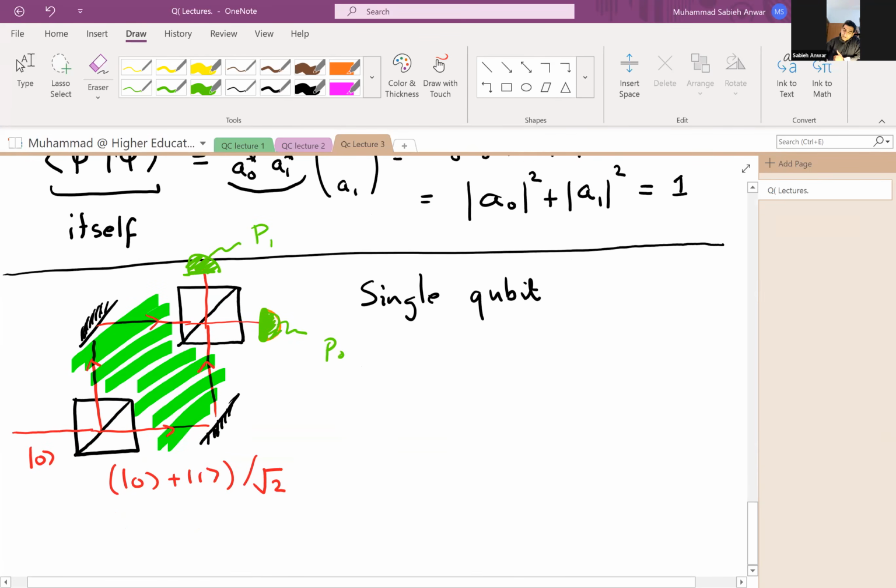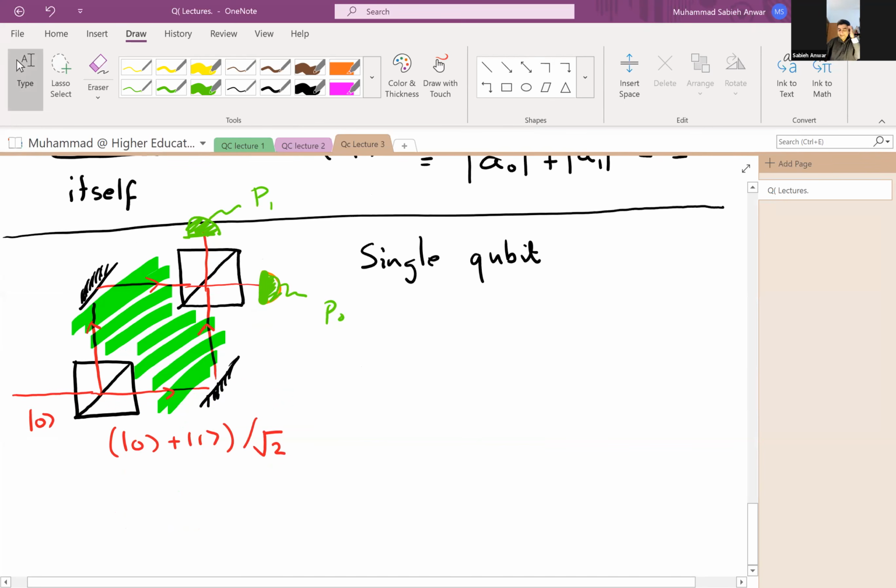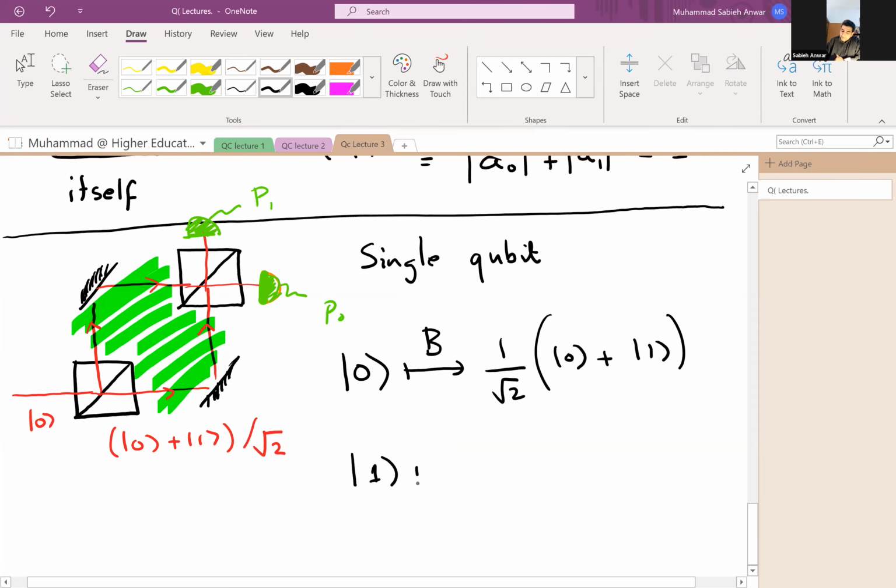Now, if I were to look at this interferometer again, what I have is two beam splitters. What each beam splitter does is that it creates a superposition, and we've defined the action of these beam splitters in the following fashion. A beam splitter B transforms ket 0 into ket 0 plus 1, and it transforms ket 1 into a superposition, albeit with a minus sign in between.